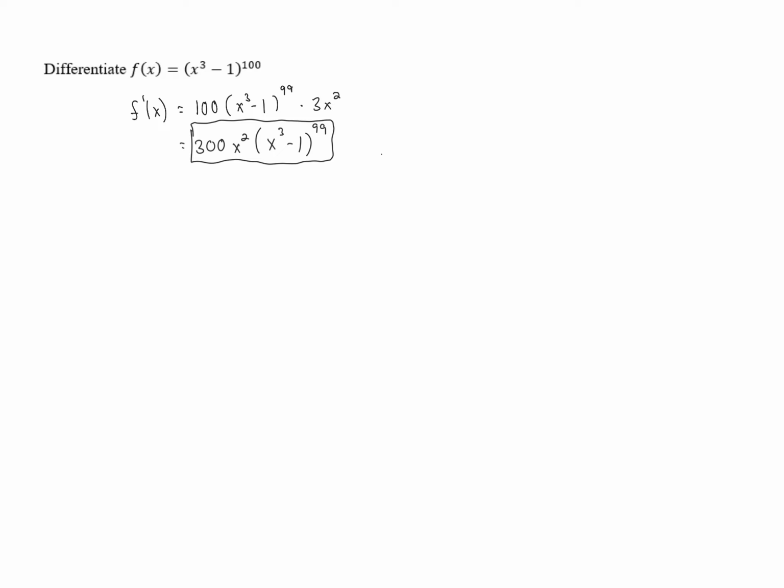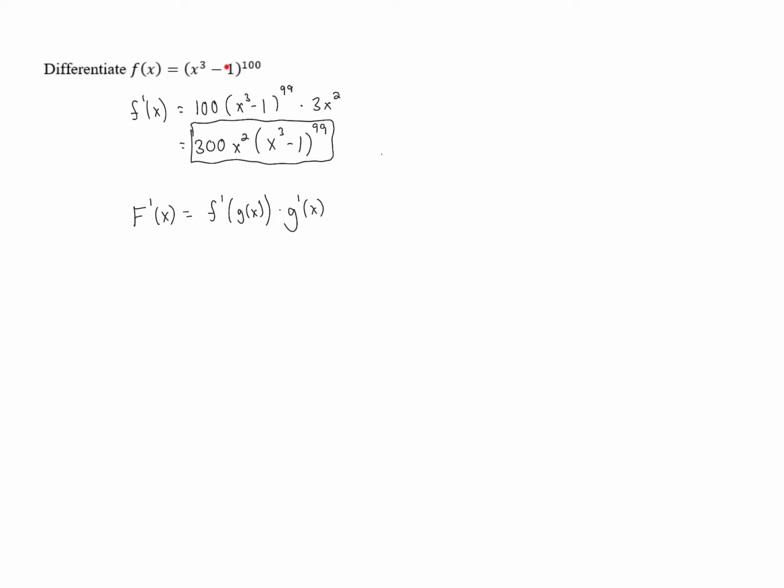Now, I know I didn't show all of my substitution steps and whatnot, but I just want to remind you that when we have the derivative of a composition of functions, it was the derivative of the outer function evaluated at the inner function times the derivative of the inner function. And that's exactly what we did here.